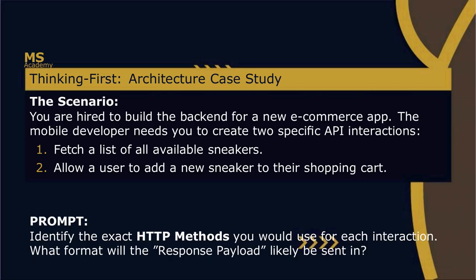First API interaction is to fetch a list of all available sneakers. Sneakers is the product. The second API interaction is to allow a user to add a new sneaker to their shopping cart.